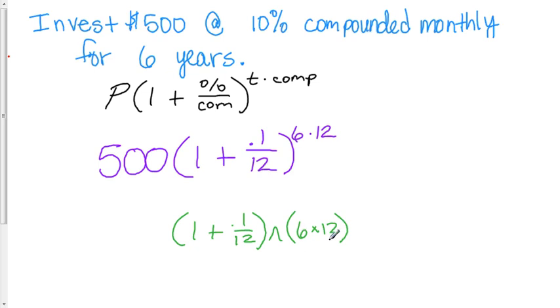Otherwise, it's going to take it to the 6th power and then multiply by 12 if you do not do that. And so when you do this, you will get an answer of $908.79.